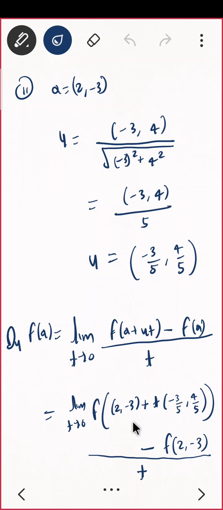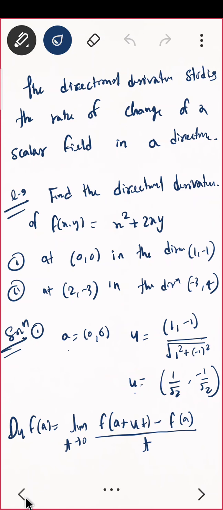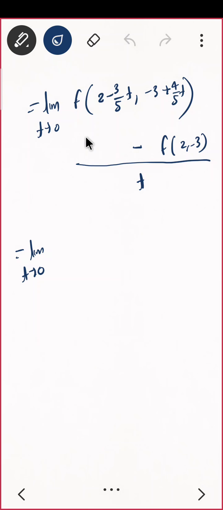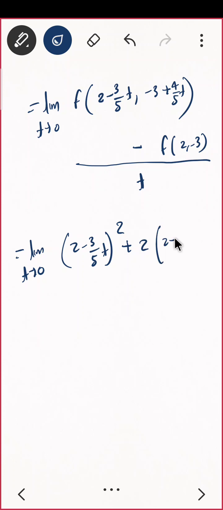Put in the equation. What is the function? xy plus y square, no? Sorry, x square plus 2xy is the formula. So this will be x square, that is 2 minus 3 upon 5t whole square, plus 2 into x into y, that is minus 3 plus 4 upon 5t.